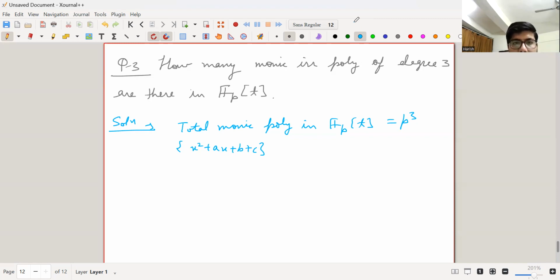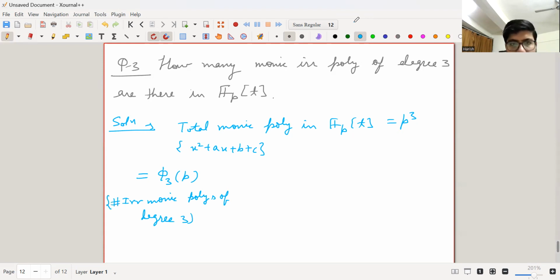So these are the total number of polynomials, p cube. Then it contains phi 3 of p, that is, irreducible monic polynomials of degree 3. If you say irreducible monic or monic irreducible, it's the same; it's just the cardinality of that.